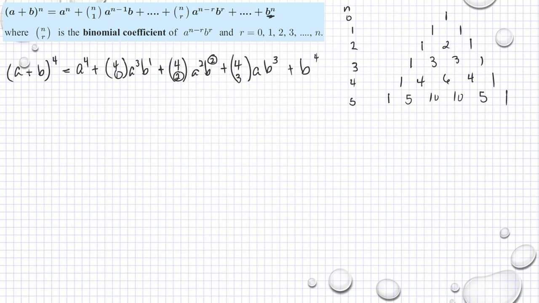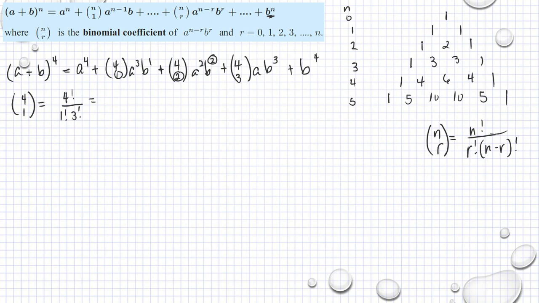And we know that 4 taken 1 is equal to 4 factorial divided by, if we use our binomial coefficient, n taken r is equal to n factorial divided by r factorial multiplied by (n minus r) factorial. We're going to do that. Then we have 1 factorial times the difference 3 factorial.